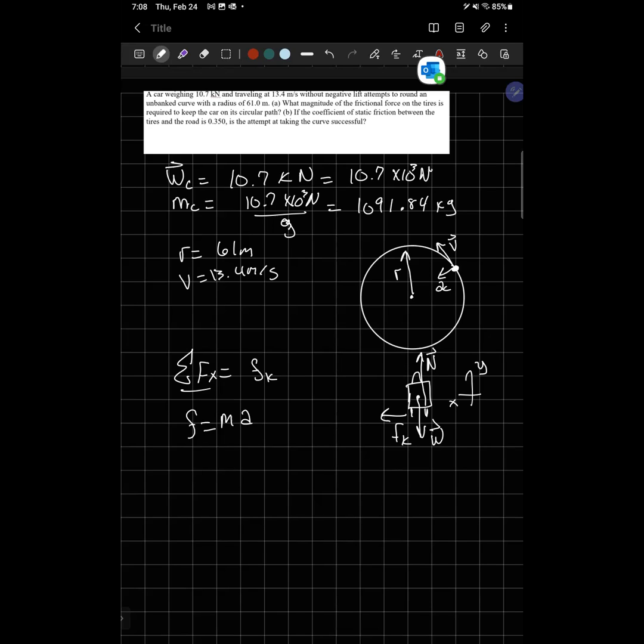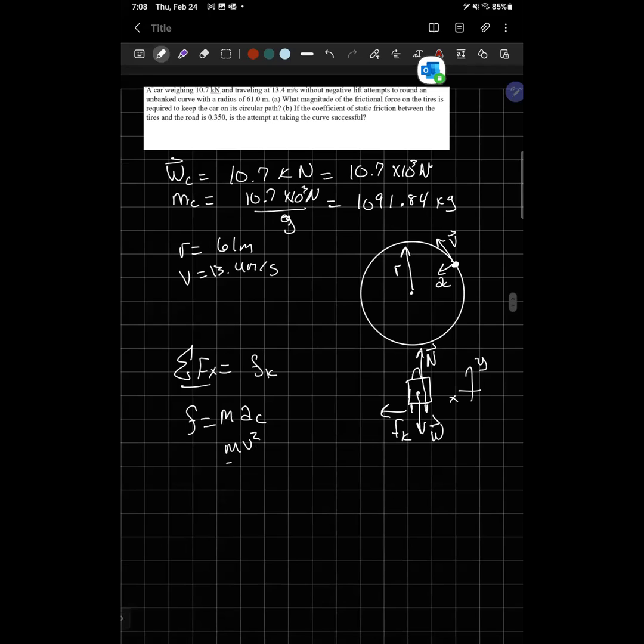Let me ask, what causes things to move in a circle? Oh, it's your centripetal force. What is the equation for centripetal A? V squared over R. Yes. Do I know V? Yes, I know V, I know R, and I know M.